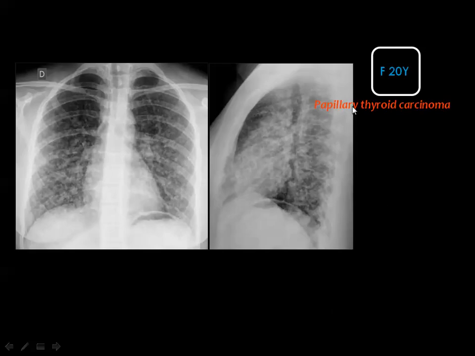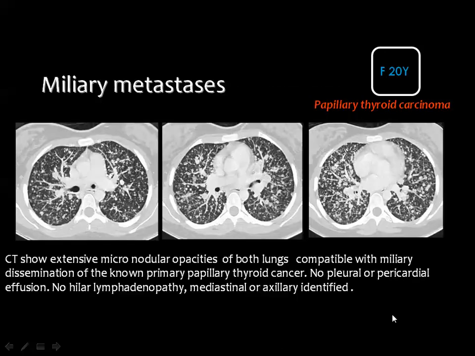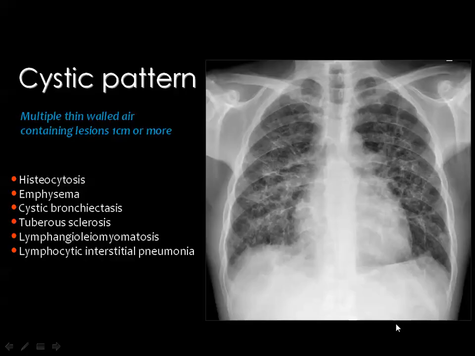This patient with papillary thyroid carcinoma showed multiple miliary shadows in both lung fields. The CT scan showed extensive pulmonary nodules of variable size distributed randomly through the lungs, diagnostic of metastatic deposits. Then we finally came to the cystic pattern, which is the last pattern of diffuse lung disease.